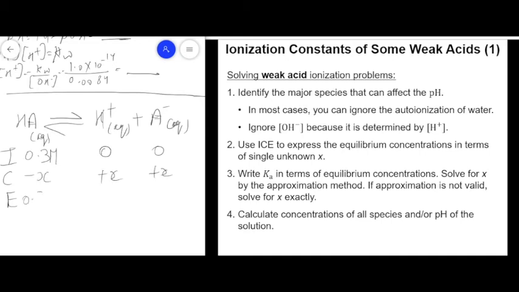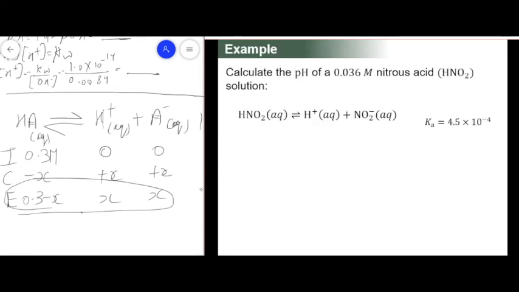This is going to be 0.3 minus x, x, and x. So I'm going to plug this in, figure out what is the Ka for this reaction, and use my concept of equilibrium constant to figure out what is the concentration of H ion right here. Oh, there we have an example. I did not intend to open that up, but it's right here. So let's try and solve one question.